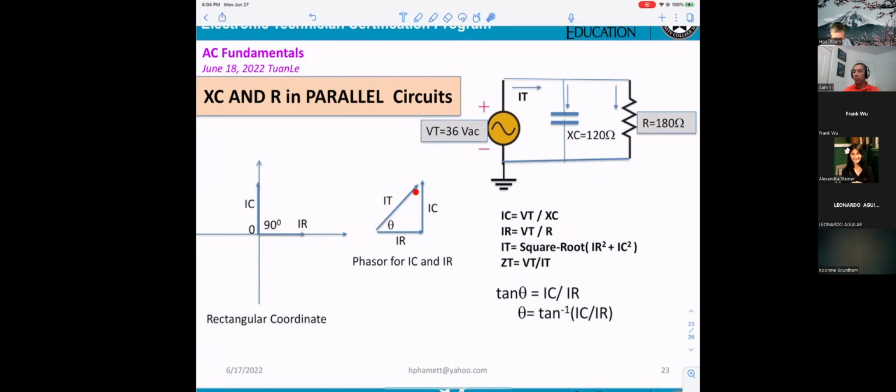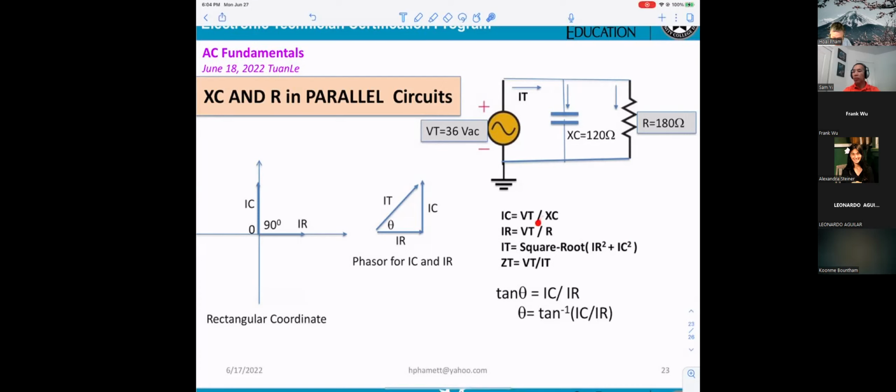If you want to calculate the I total, you use the Pythagorean theorem: I total equals the square root of IR squared plus IC squared.